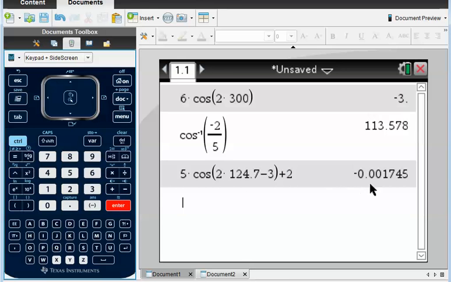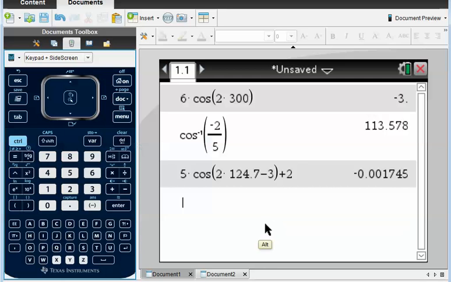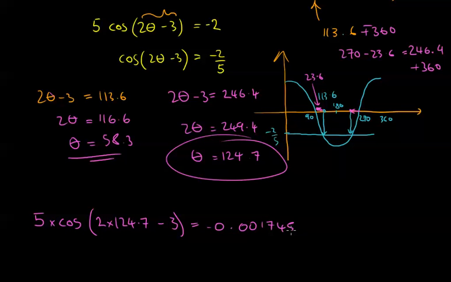What do we get? We get pretty close. We get minus 0.00175. It's really close to 0. To 1 decimal place, that's 0, isn't it?